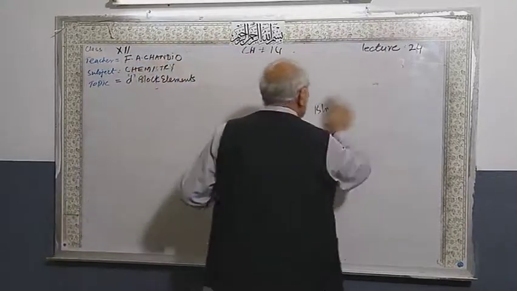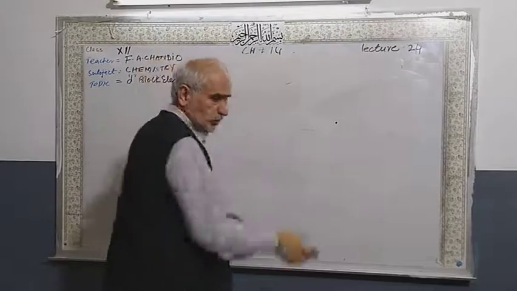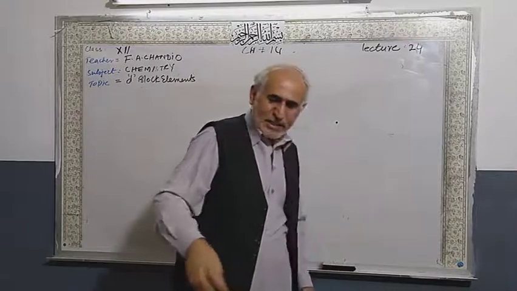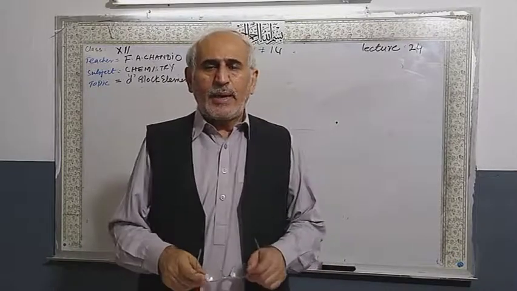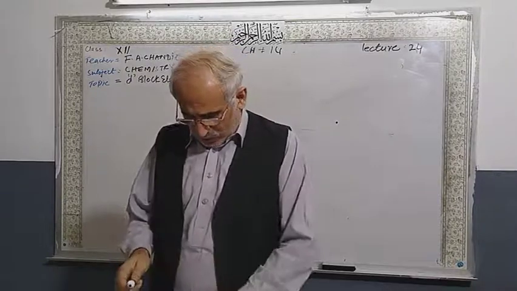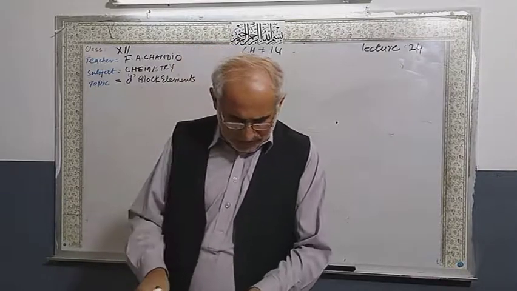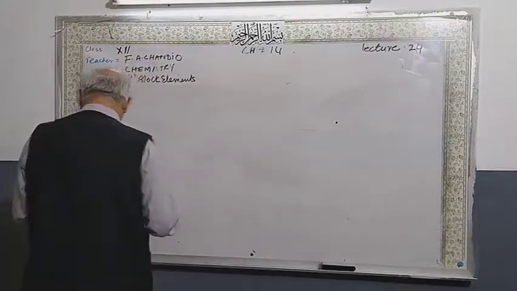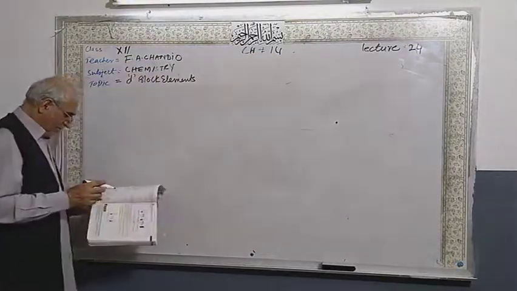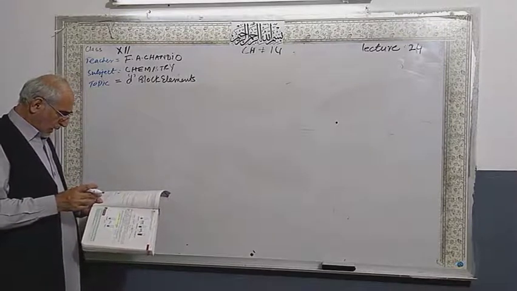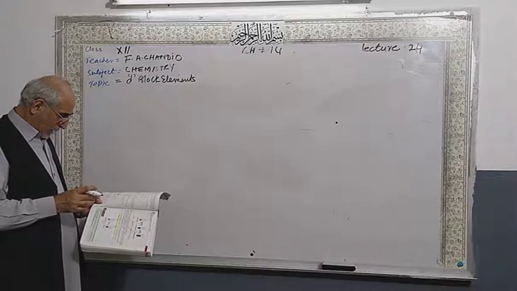With ammonia. Reaction with ammonia: in the previous lectures I told you that ammonia acts as a base as well as a ligand. As a base, I told you the chemical reactions. Now you can see it as a ligand. Reaction of hexa aqua copper 2 ions with ammonia.